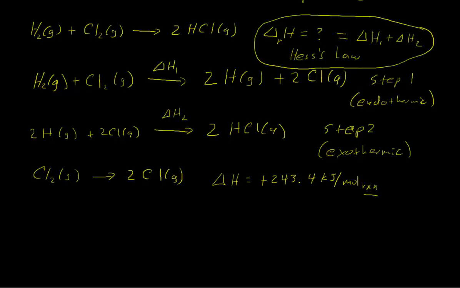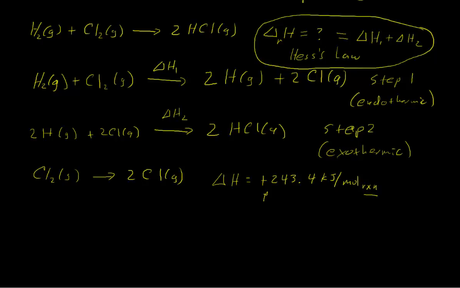So this is how much energy gets absorbed, because it's positive, so that's energy going in, when you take exactly 1 mole of chlorine gas and break it down into exactly 2 moles of chlorine gas atoms. Okay? So if you happen to have 4 moles of chlorine gas, you're going to have 4 times as much energy input in order to get that reaction to happen.